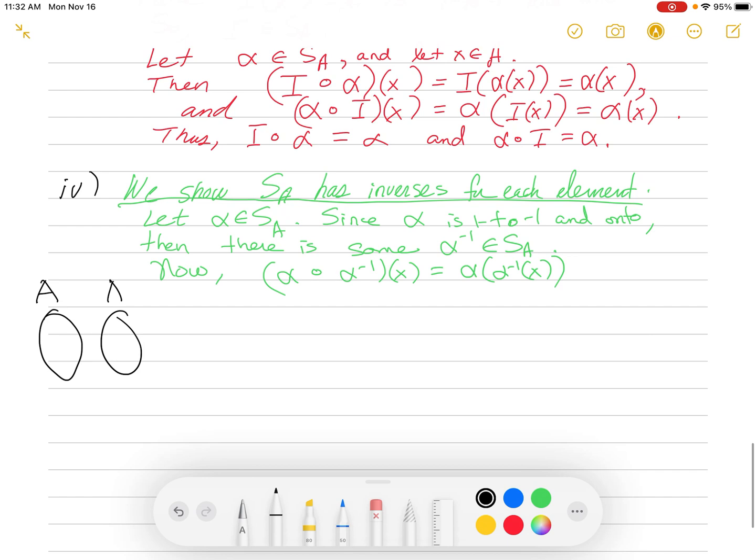Here you have A. Here you have an x. Here you have a y. So alpha takes x to y, and alpha inverse takes y to x.